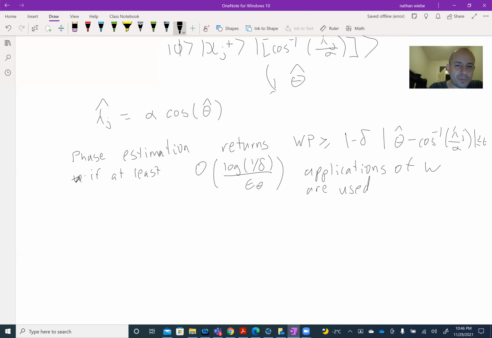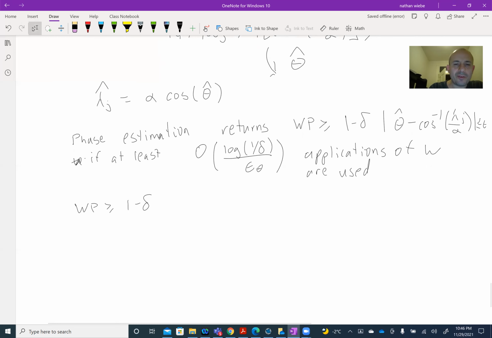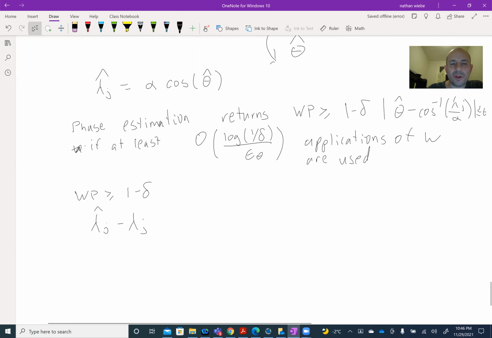So this means that with probability greater than or equal to 1 minus delta, our estimate will satisfy that the absolute value of lambda j hat minus lambda j is less than or equal to alpha cosine of theta, which is just the arc cosine of lambda j over alpha, plus epsilon theta, minus the actual eigenvalue lambda j.